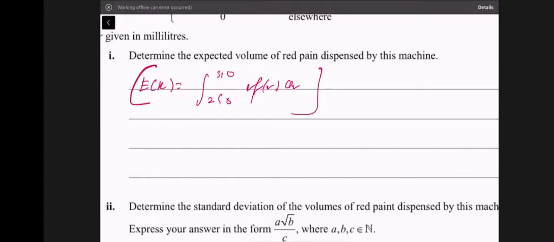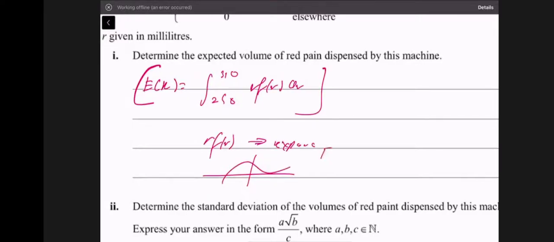So what I did was, in your graphing menu, I wrote what r f(r) is, expanded it, and graphed it like this. Then in your menu, there's a thing called integral. It does the same thing as this, but it's always in decimals.